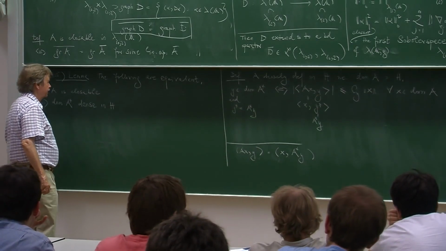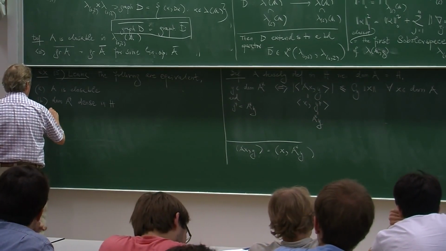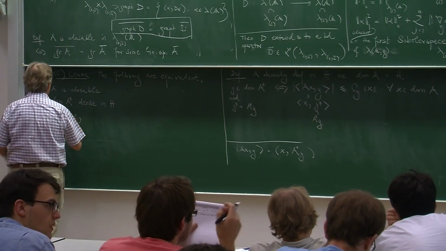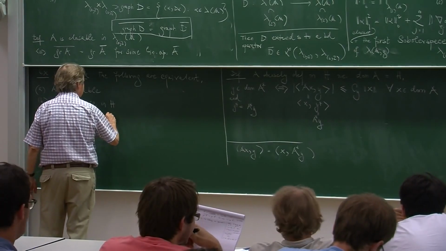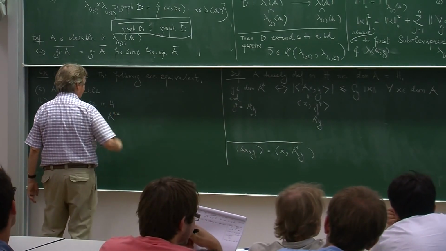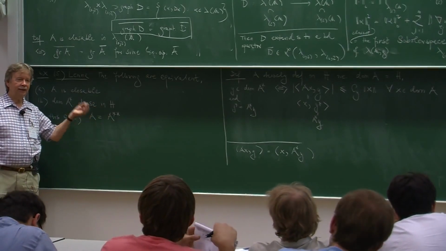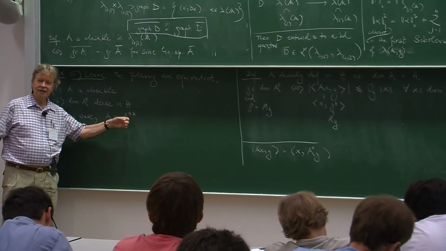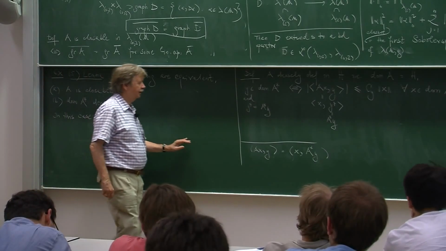This is a very nice thing, and in this case, you can say what the closure of A is, namely it's just A star star. You see, if you have a bounded operator, then A dagger dagger is A. But A star star is the closure of A. So we should be a little careful.